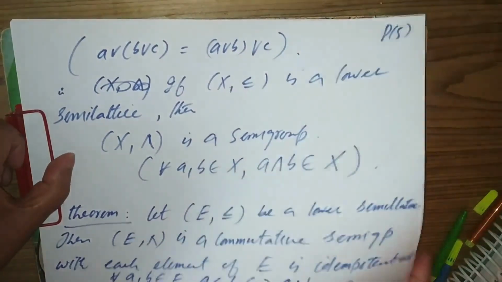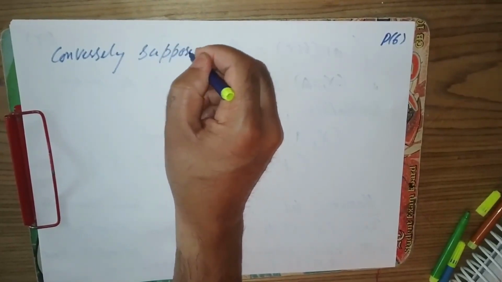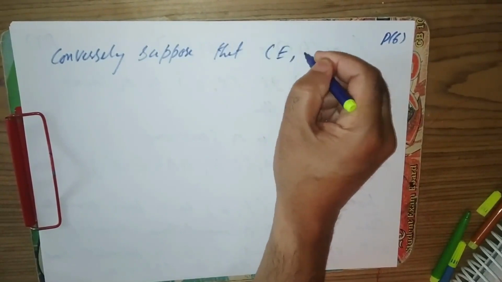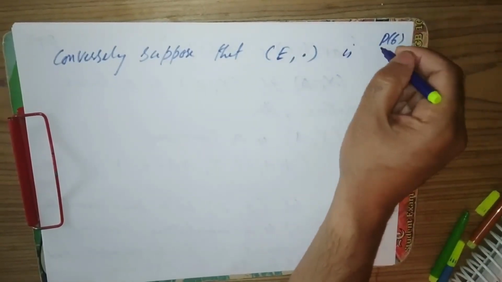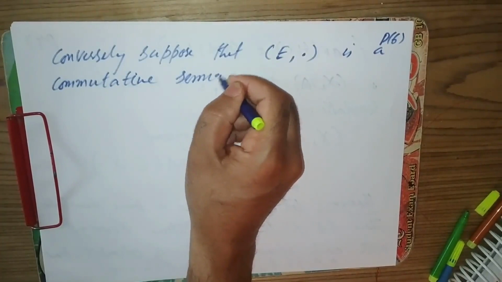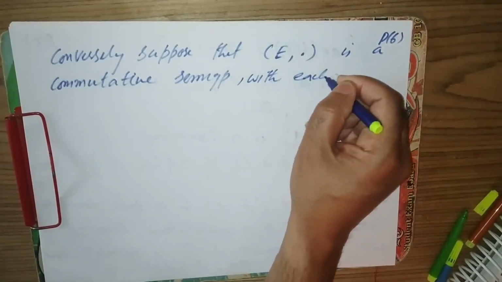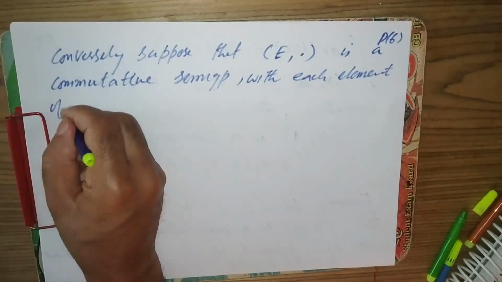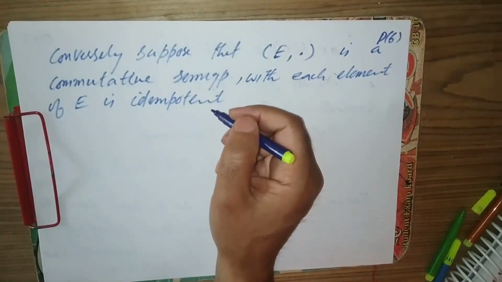And conversely, suppose that E with operation, say dot, denoting the multiplicative operation, is a commutative semigroup with each element of E idempotent.